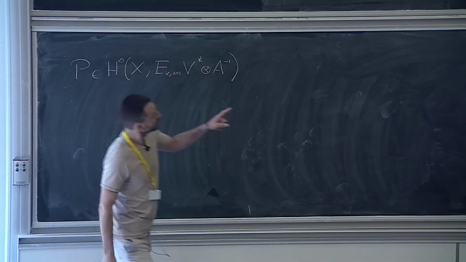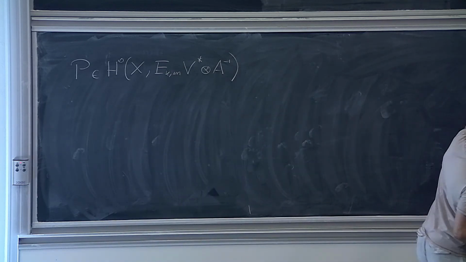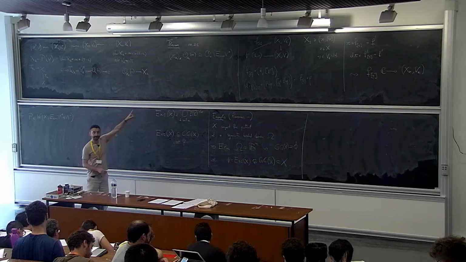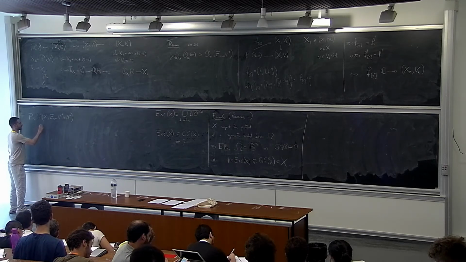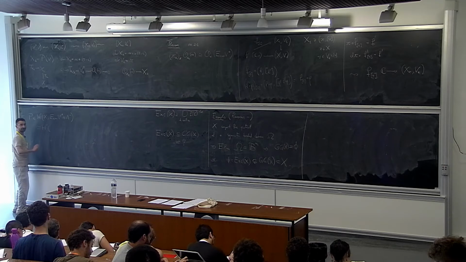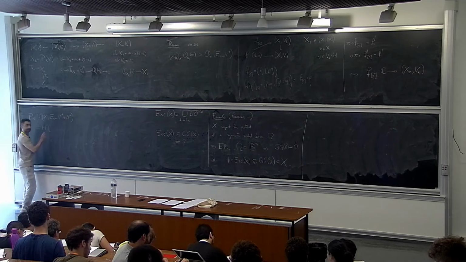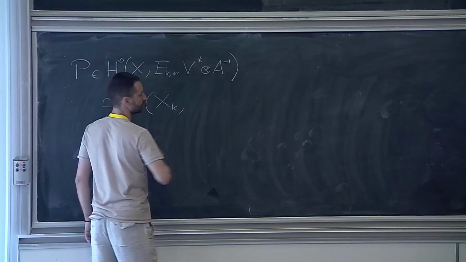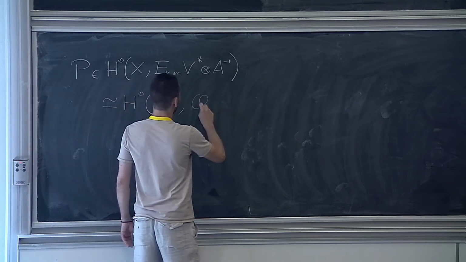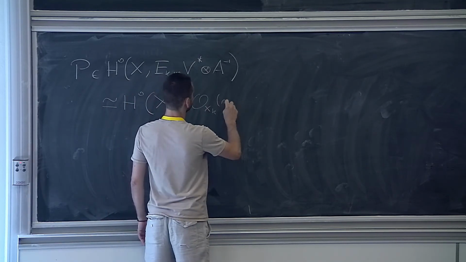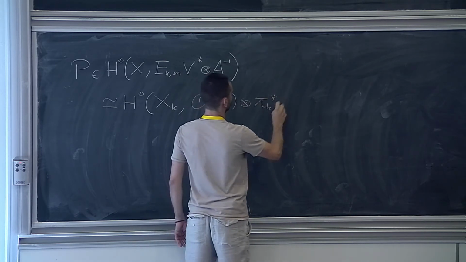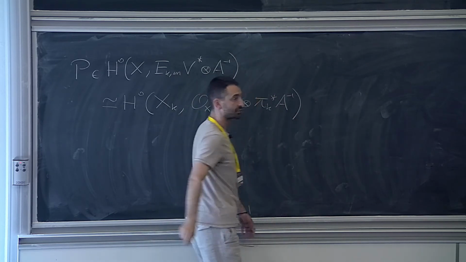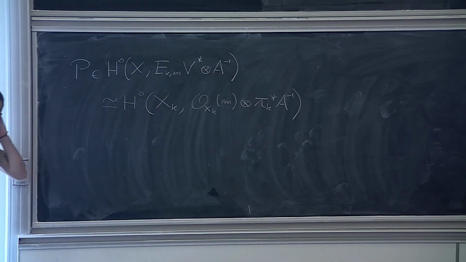So by that theorem, this is the same thing. This corresponds, this is isomorphic, to a section over xk of O xk of M tensor pk star of A minus 1. That's by the projection formula.